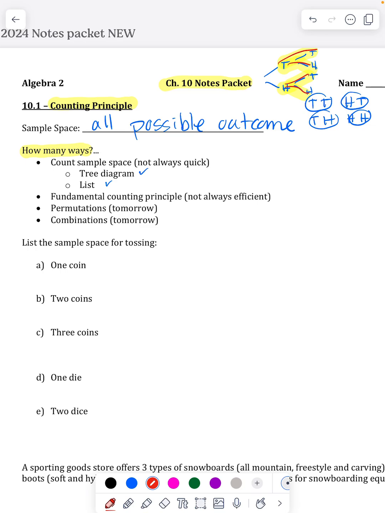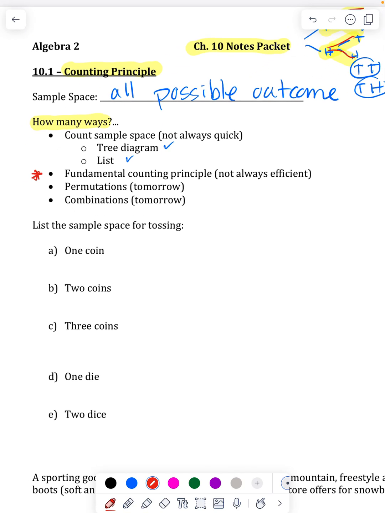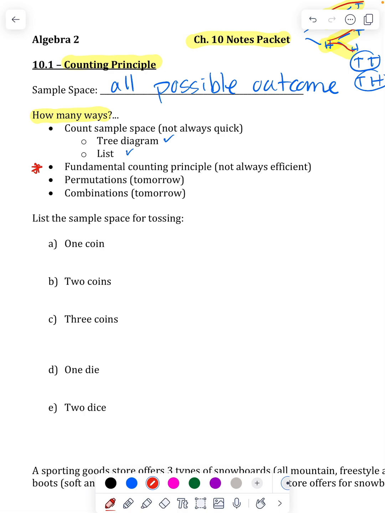That's not always the most efficient. What we're going to be looking at today is the fundamental counting principle, which sometimes works and sometimes doesn't. And then we have 2 specific scenarios called permutations and combinations that we use to count, and we're going to do that in 10-2.